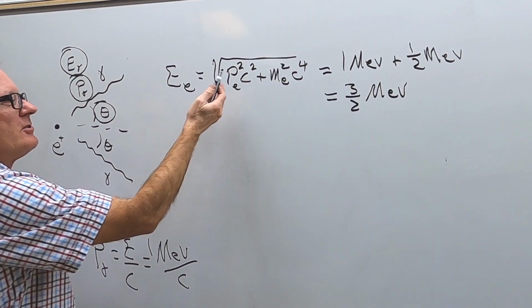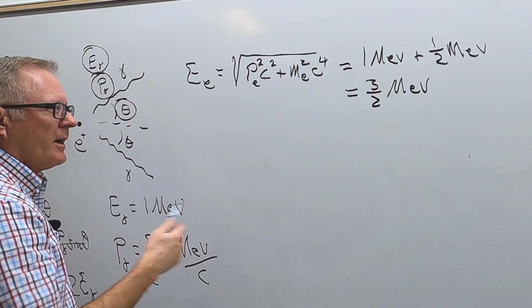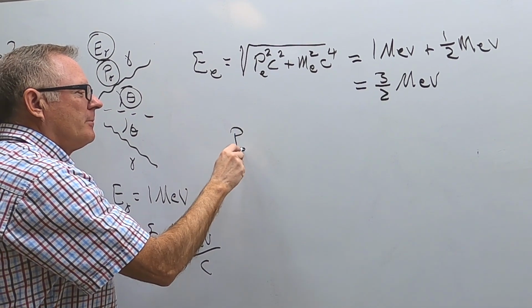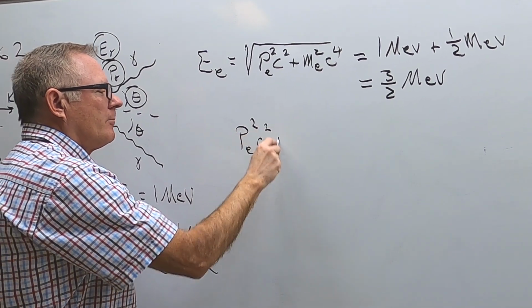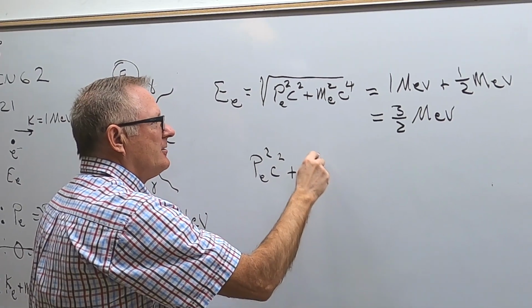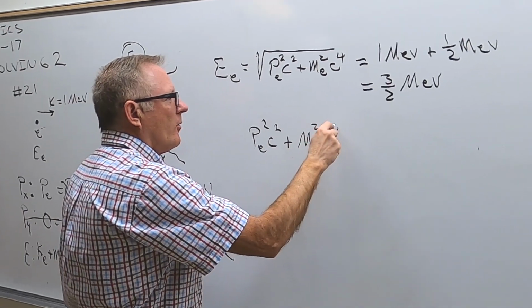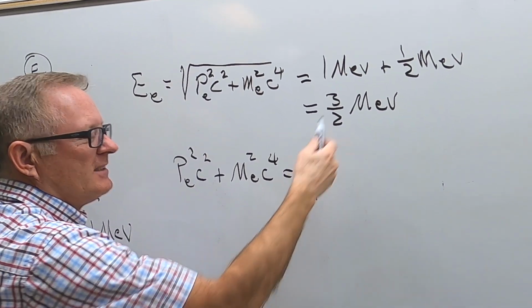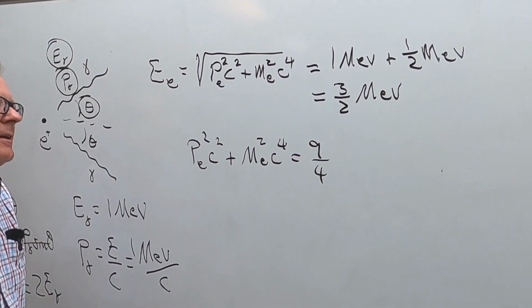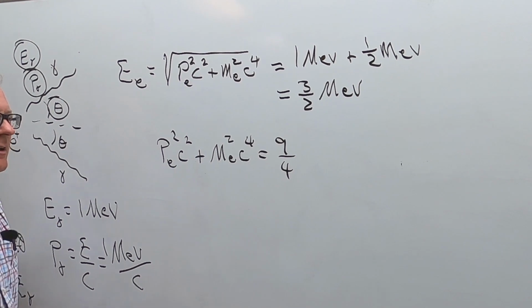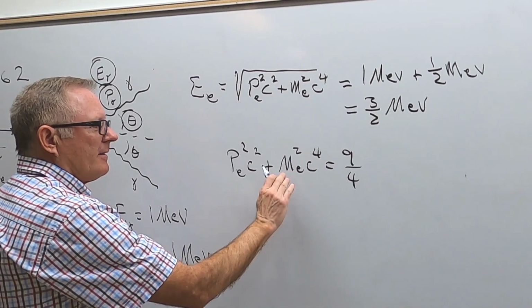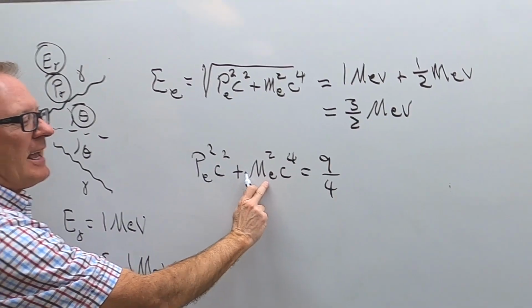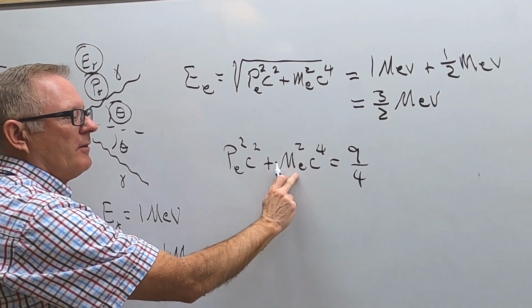So if we wanted to solve for P sub E, we'll square both sides. So we got P sub E squared C squared plus M sub E squared C to the 4th equals that squared, which is 9/4. I'll just remember this has units of MeV squared. And we know what this is. That's a half squared, so this is 1/4.